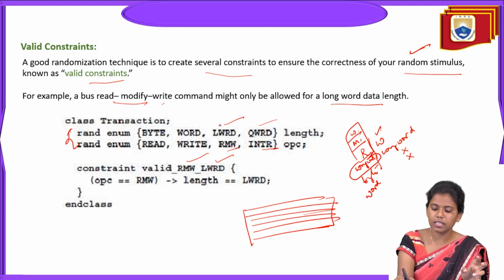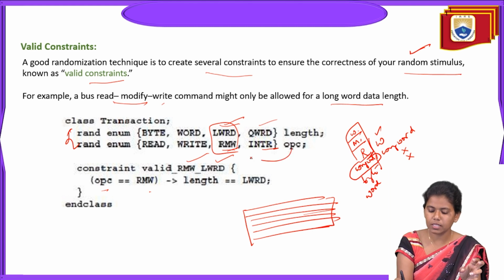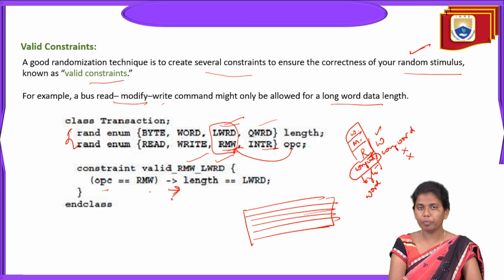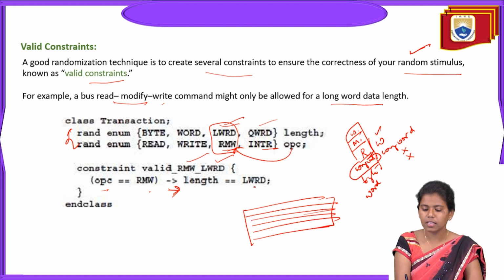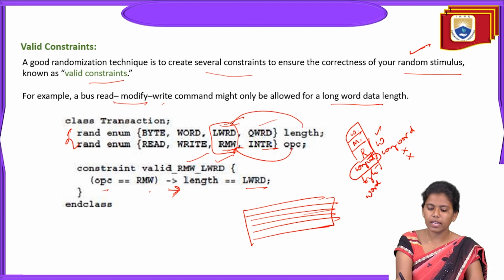We have just considered read, write and RMW. OPC is nothing but RMW. It is also a random operator where the length is long word. So the length is long word and OPC is RMW.